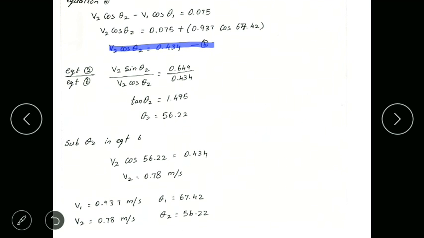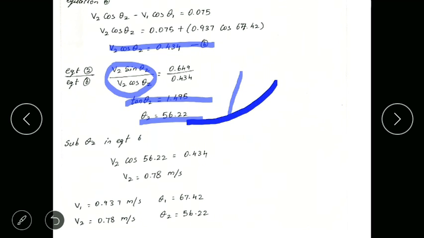Now we have equation 2, which is V2 sin theta 2 equal to 0.649, and equation 6, V2 cos theta 2 equal to 0.434. We divide equation 2 by equation 6, and we get tan theta 2 equal to 1.495. So theta 2 equals tan inverse of 1.495, which is 56.22.